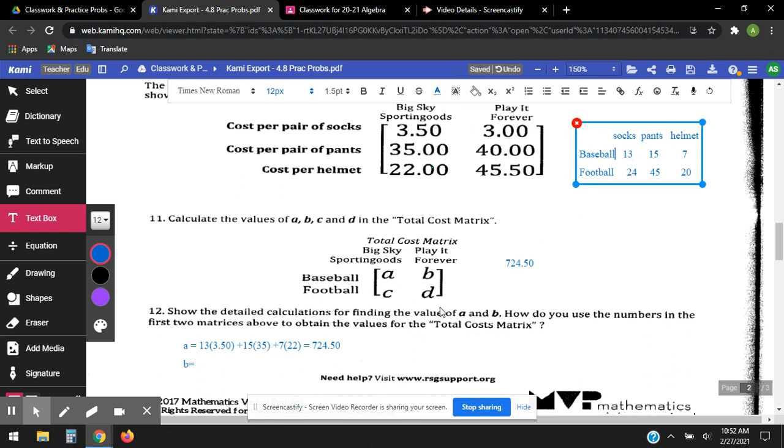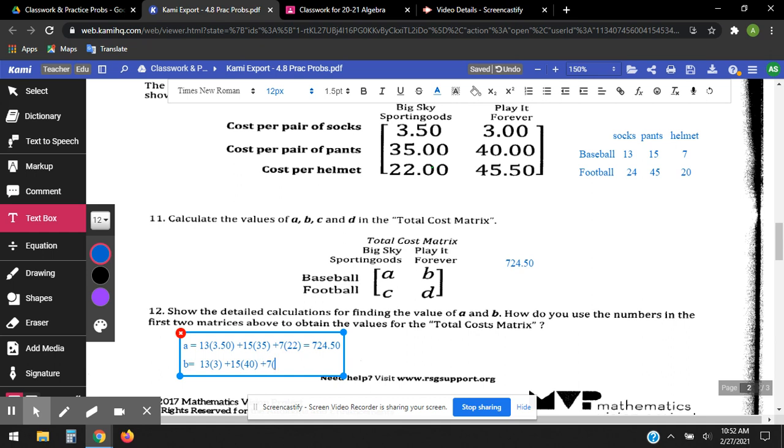So I need 13 times 3 plus 15 times 40 this time, plus 7 times 45.50. And that's going to equal 957.50. So that's significantly higher, isn't it? So this guy, 957.50.